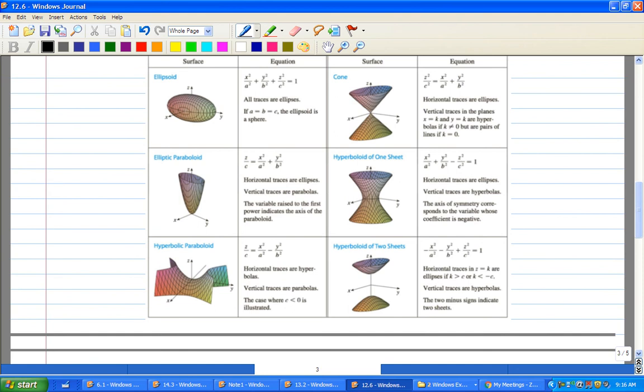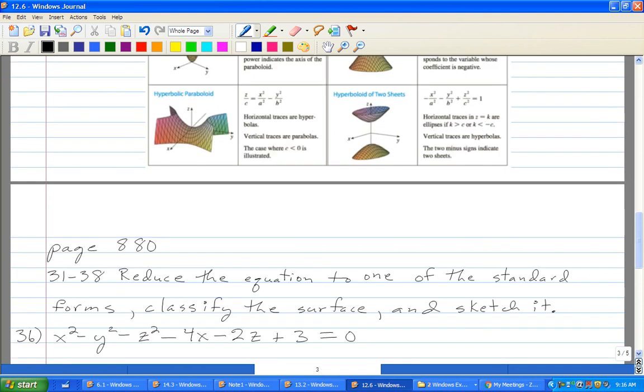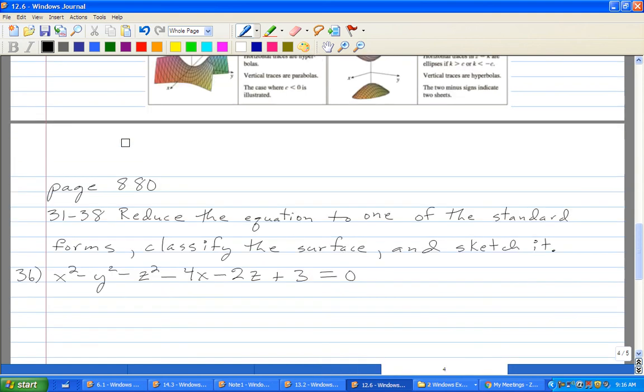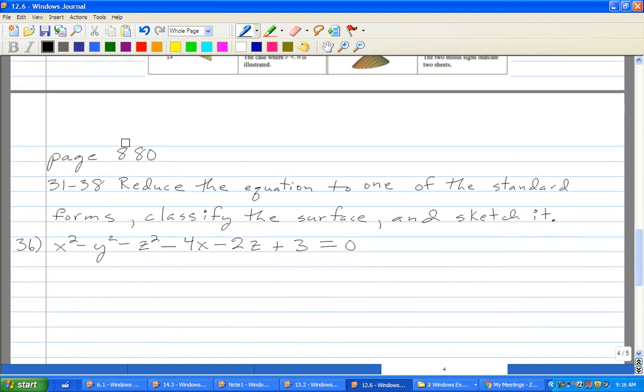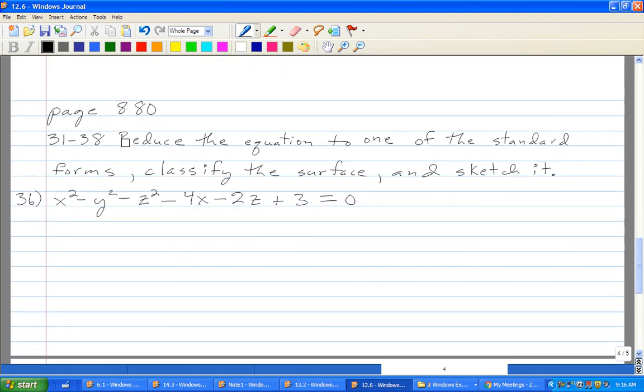So let's do an example. On page 880, problems 31 through 38: reduce the equation to one of the standard forms above, classify the surface and sketch it. X squared minus y squared minus z squared minus 4x minus 2z plus 3 equaling 0.